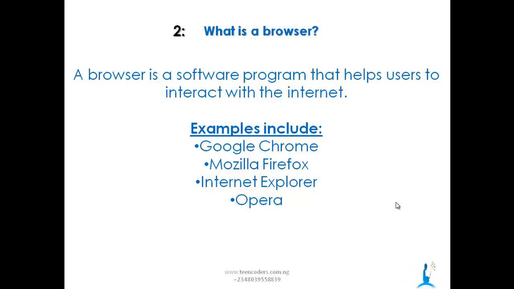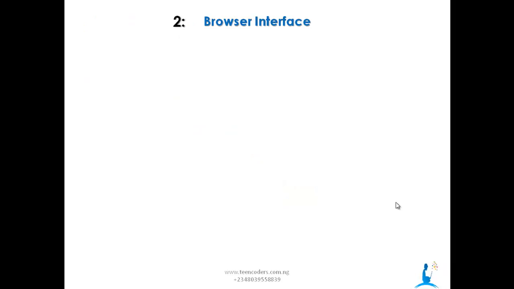We have a lot of them. We have Google Chrome, Mozilla Firefox, Internet Explorer, Opera, and there are many of them out there. If you ask me, I prefer using Google Chrome and Mozilla Firefox.